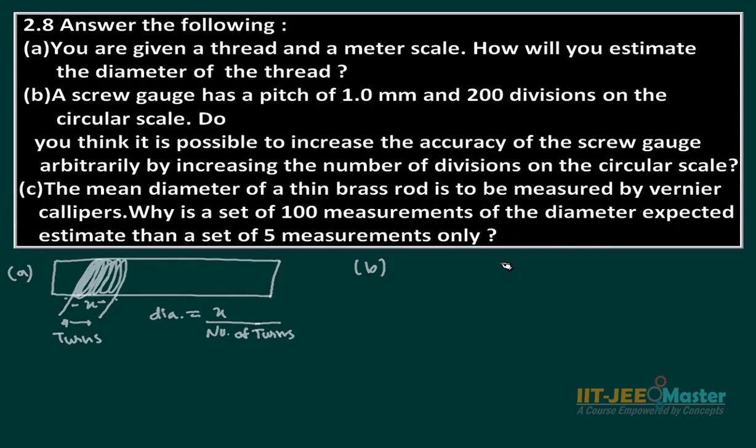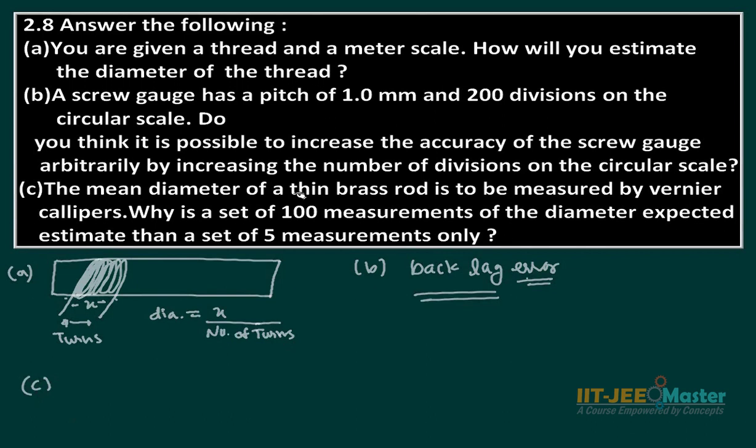Like in a screw gauge, you will find backlash error, and there are many other errors also possible. So up to one level, number of divisions is appropriate. After that, the errors will make it insignificant. So it is not possible to increase its accuracy arbitrarily.